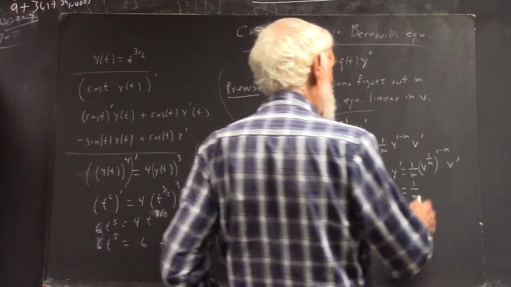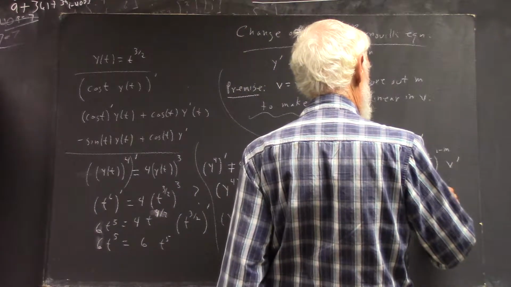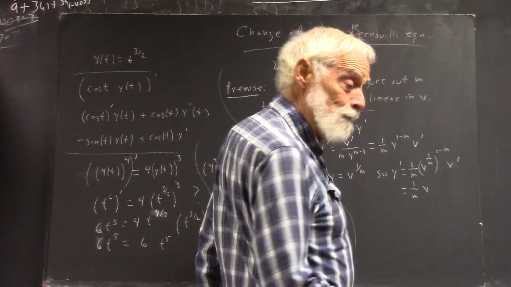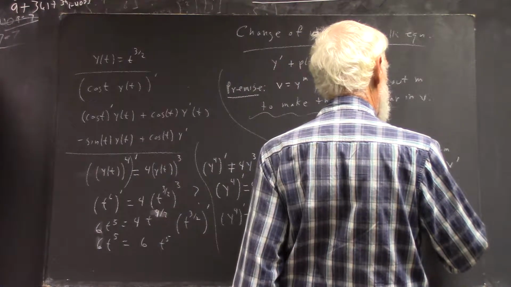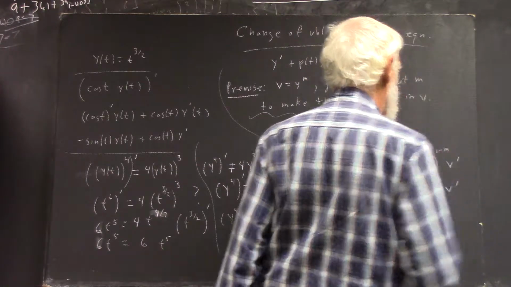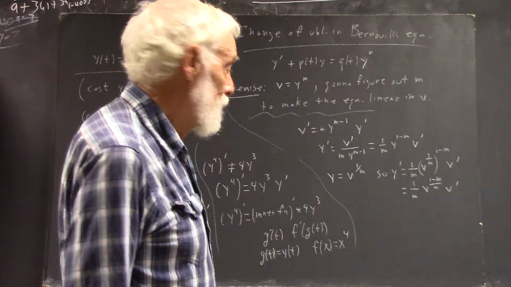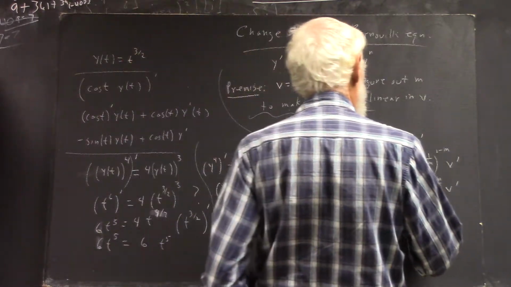Okay, so you have v, now watch me multiply it wrong, to the 1 over m times v prime. Okay? And it's going to be handy.